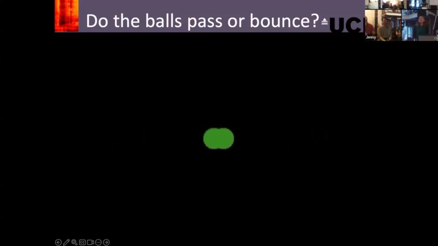But hopefully the people in the room at least will agree, in the second case, you got quite a strong perception that the balls repel each other rather than passing through each other. So in this case, the visual image is completely ambiguous. There's no information with which you can faithfully judge whether these two balls are passing each other or bouncing off one another. So simply by adding in a sound at a precise moment in time, you can change your perception because you just add some more evidence in favor of one theory over the other.